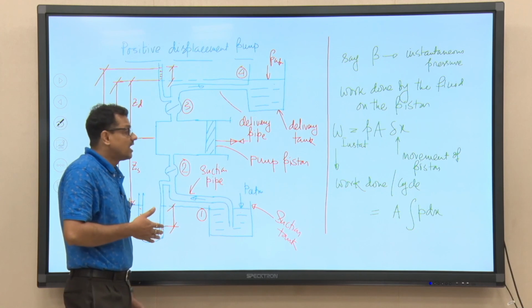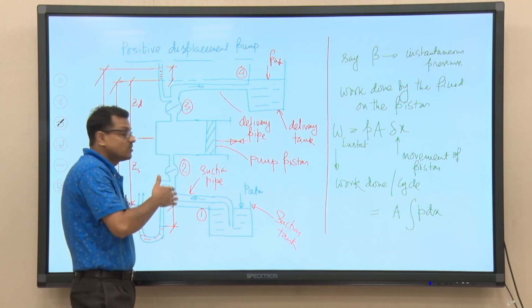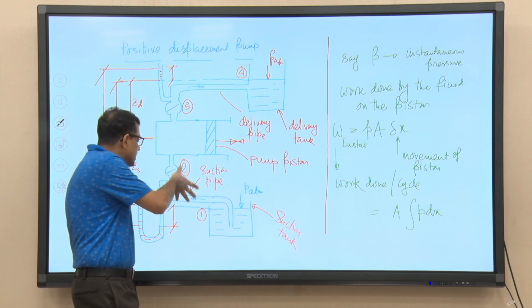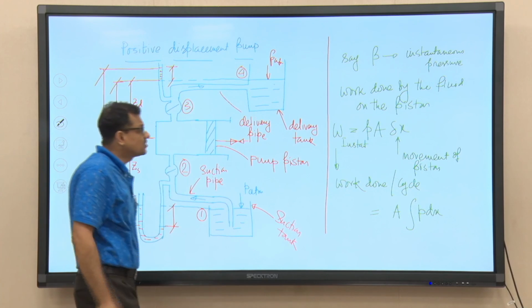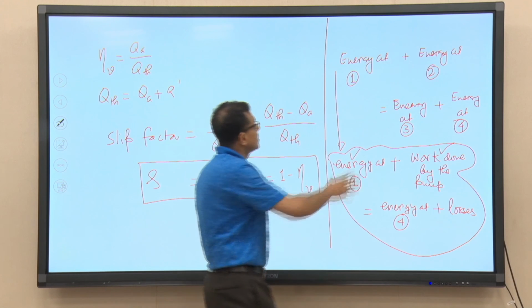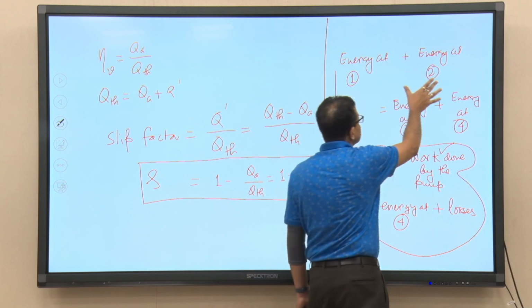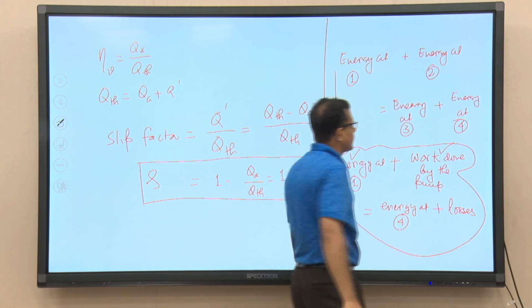So, if we need to know that, what we need to do? We need to go for a separate analysis both at the suction and delivery side, and that is why I had written over here that energy at point 1 plus energy at point 2 is equal to energy at point 3 plus energy at point 4.